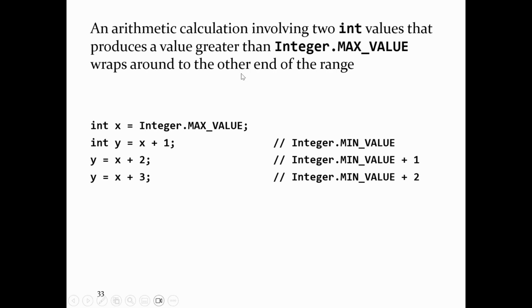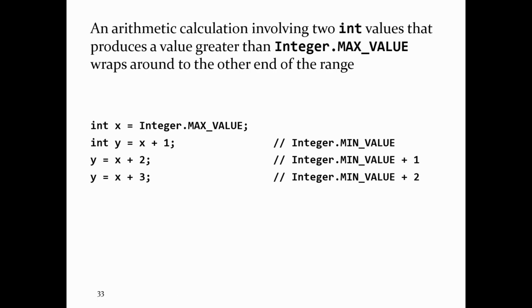Instead, you get what's called wraparound. If I start out with the largest integer value, 2 billion and something, the largest value that I can store in an int, what happens if I add 1 to it? I don't get an error, I don't get a warning, I don't get anything. I get a result, and the result is integer min value.